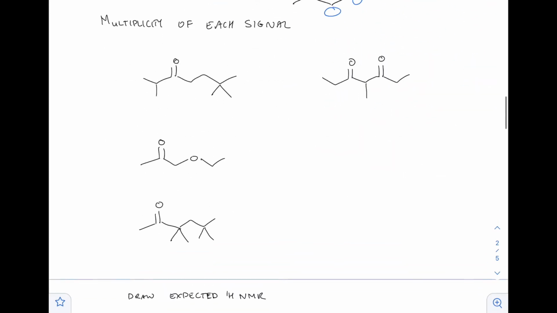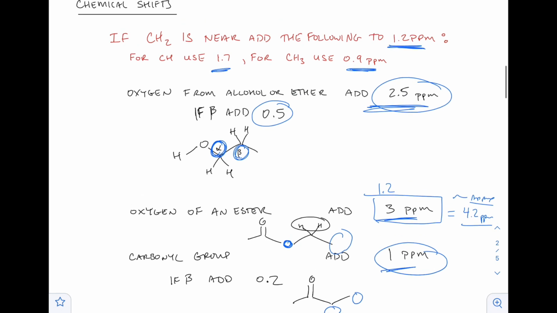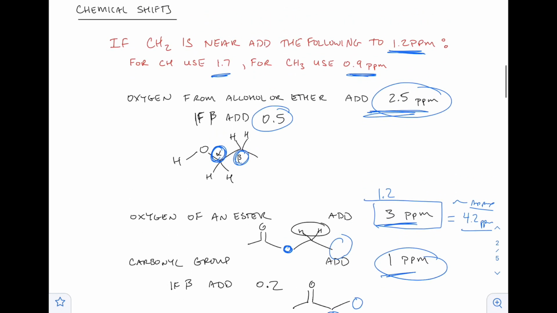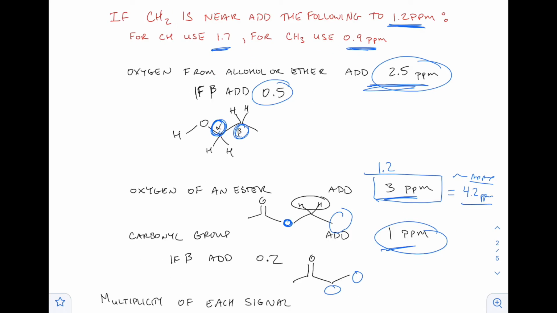If you're really wanting to have a closer prediction as to where these chemical shifts are going to be. Now, I did get a question about what causes these chemical shifts, and it's really just about electron density, the way I view it. So if you have an electron withdrawing group, that's why you're adding 2 ppm, because then it's going to head further downfield. It's going to be more de-shielded, which means there's not as much electron density around it.